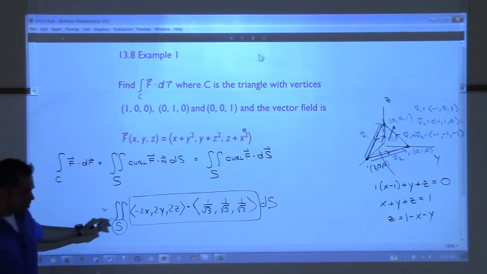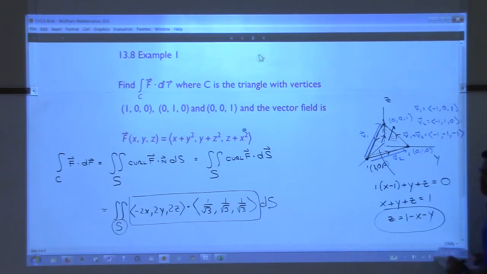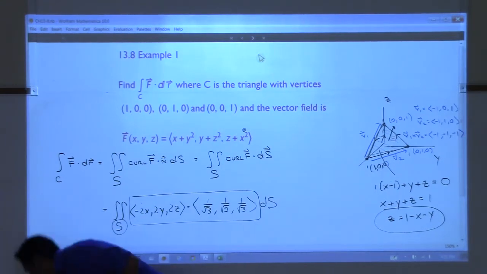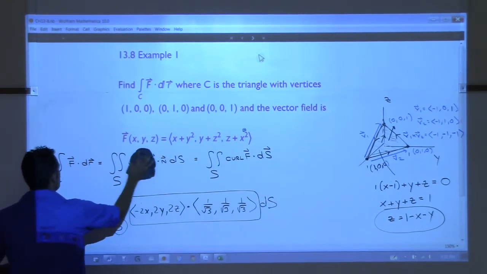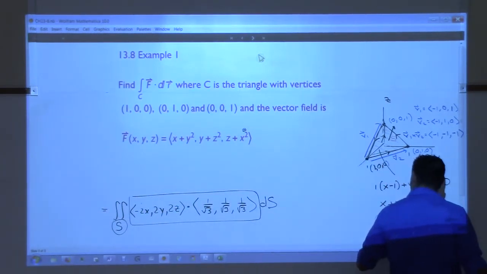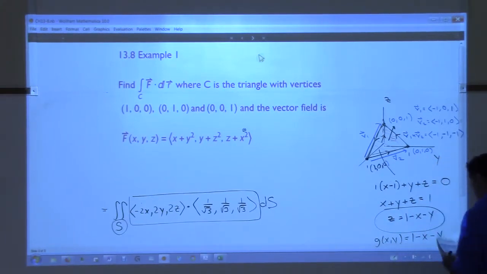Do we know what g of x, y is? It's this, right? That's our surface. So we could use F, but the problem with F is that we have to back up and redefine our field because our field is the curl. So I'm going to use B because we have a scalar function right here. I'm going to go straight to that formula. So this is g, this is g of x, y.